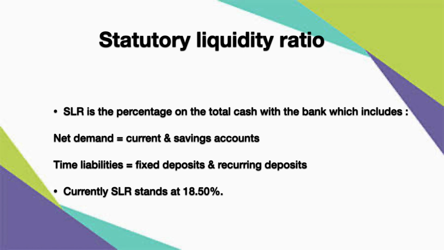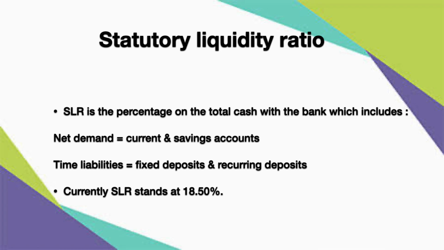Same goes with recurring deposit. I know for sure this customer has opened an RD account, and every month there is an inflow of rupees 5,000 into the bank, so I can use that amount. When I have to pay interest and when the account matures, I can take care of that in the coming time period. So both FD and RD have a time period attached. Is that clear?